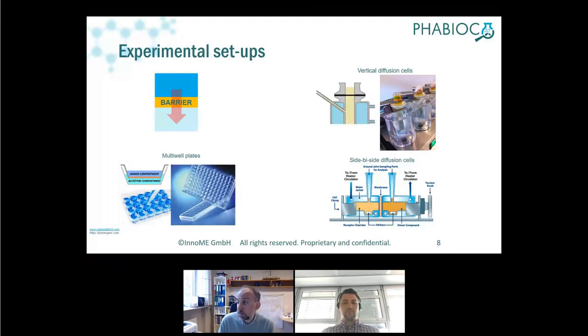And we, of course, can select the barrier we like the most. The diffusion cells were developed for ex vivo tissue, so tissue from animals. Nowadays, we have much more potent, robust and reproducible barriers that are industrially produced.